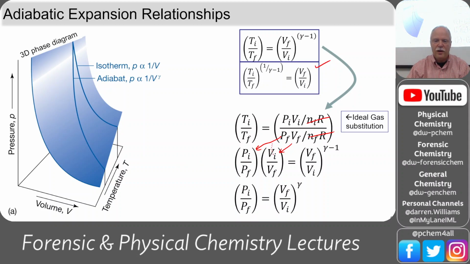So this VF goes over here, and this VI goes down here. And so it's gamma minus 1, and then I have another one of those fractions multiplied by it, which would be plus 1. And so gamma minus 1 and plus 1 just gives me gamma. So this is a relationship: if I know the pressures and the volumes, but not the temperatures, then I could solve for the final pressure.